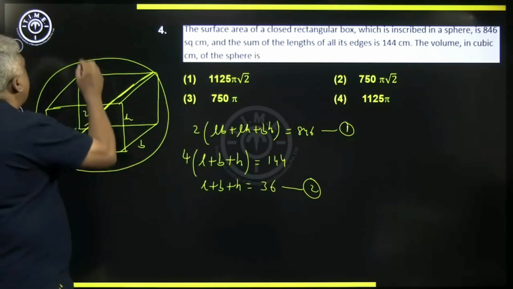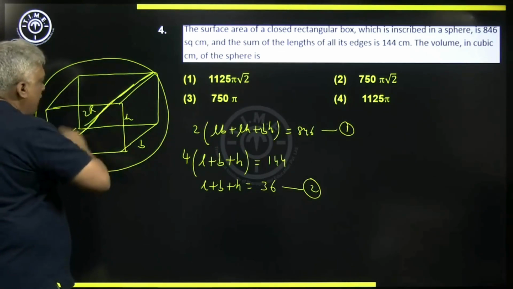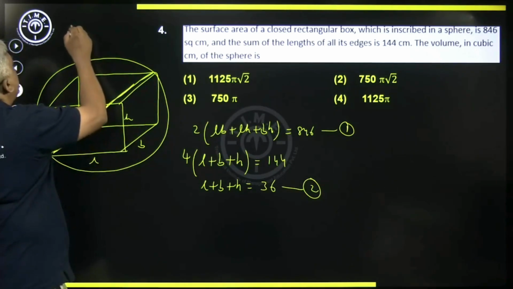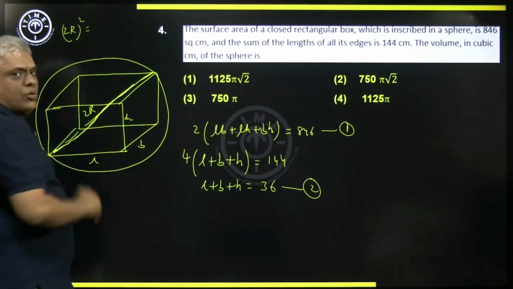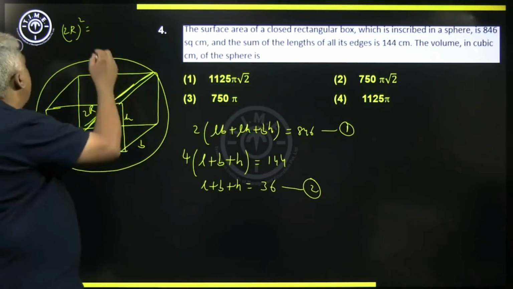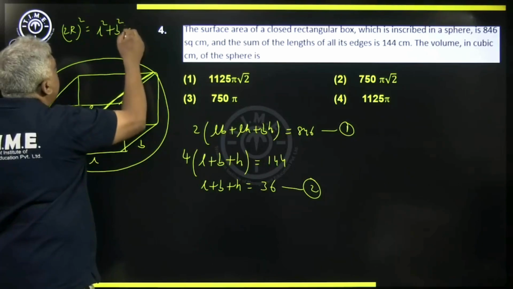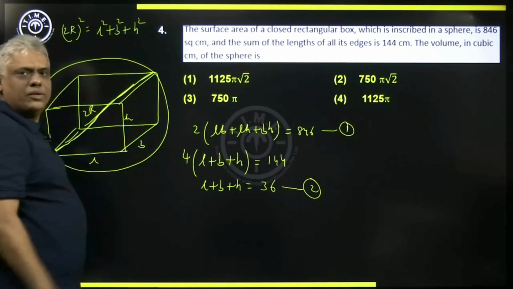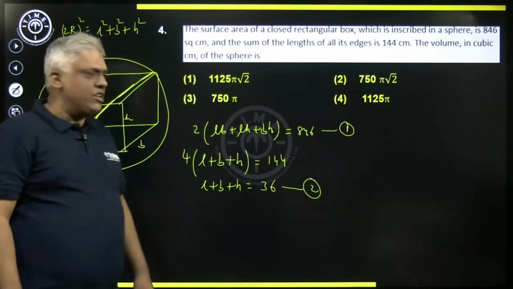Square of the diagonal, twice the radius whole square, will be length square plus breadth square plus height square. Let us try to find the value of L square plus B square plus H square.